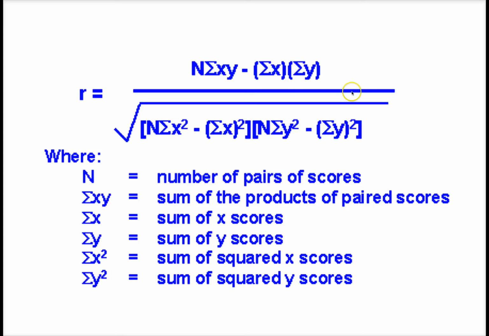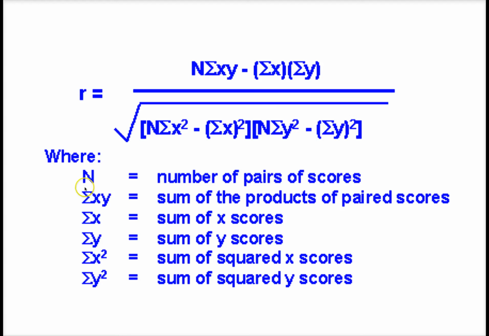That would be the top of our calculation here. And at the bottom would be the square root of these values that we create: the sum of squares of x times the number of people, then we take the sum of x squared, and that would get multiplied by the number of y values, the sum of y squared, and the sum of y's squared.